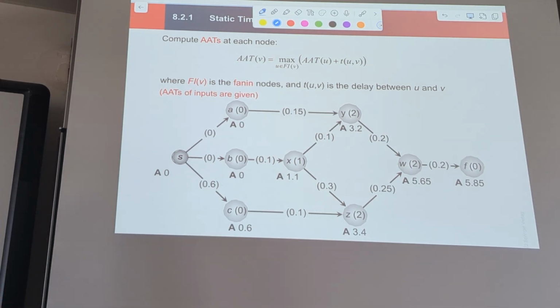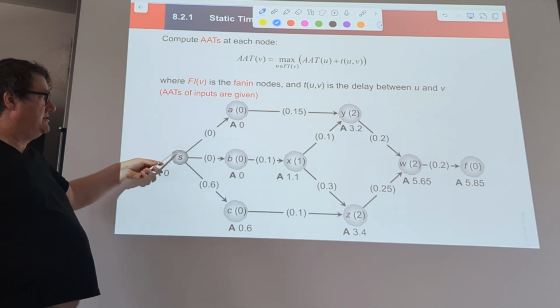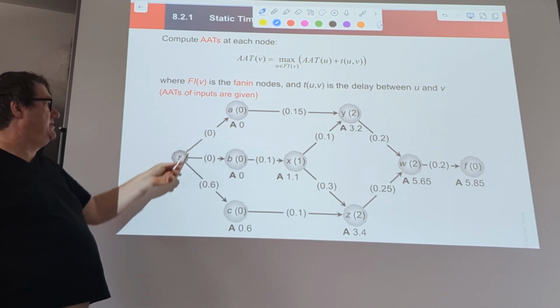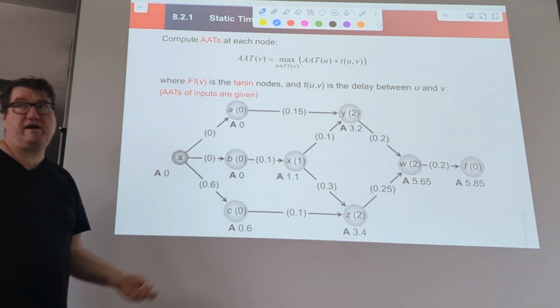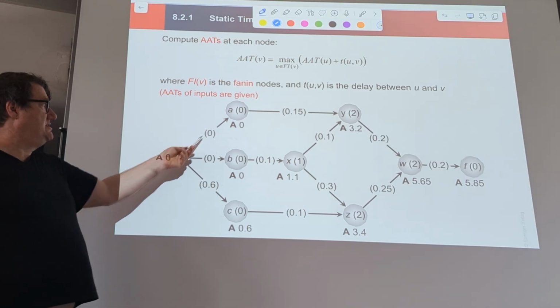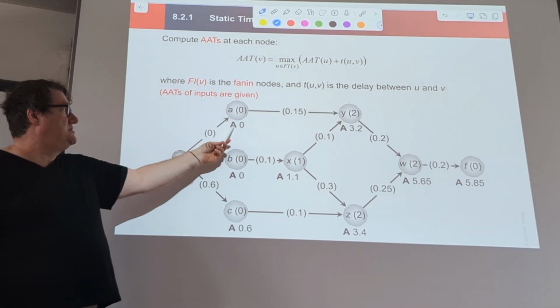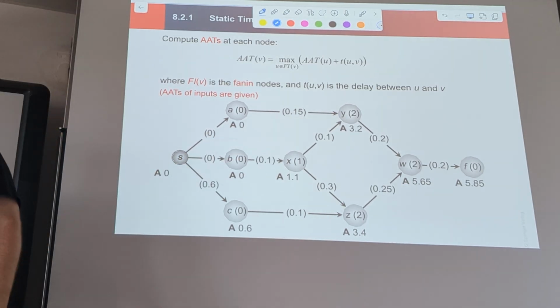So what does that mean? Maybe something simple first. You start on the left part. When this starts, the arrival time is 0 by definition, because the start is at time 0. Then it takes 0 time to end up at the input of the circuit, so the arrival time at the input is also 0. The input doesn't add any gate delay.